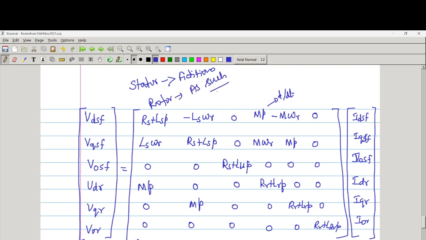There is no variable transformation of the rotor, but the stator variables are transferred to the rotor. With this, we are concluding the matrix formation. In the next class, we are going to learn, instead of this tedious process, how one can obtain this matrix by observation. Thank you.